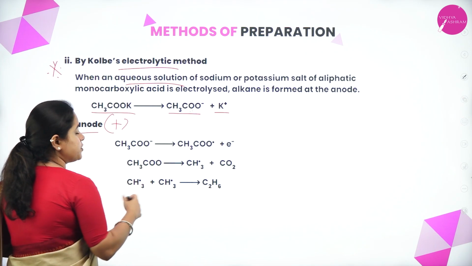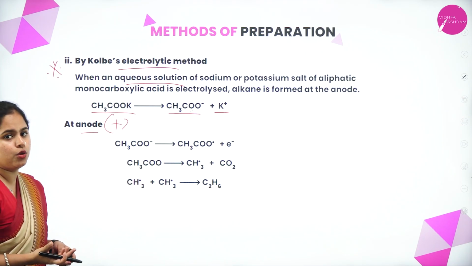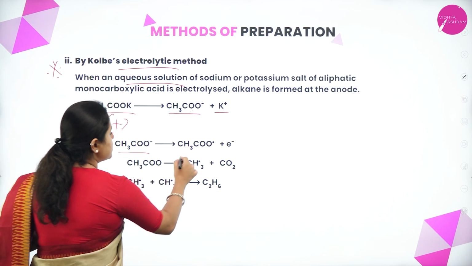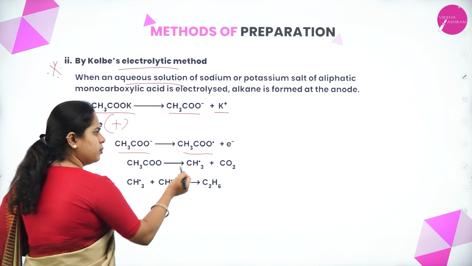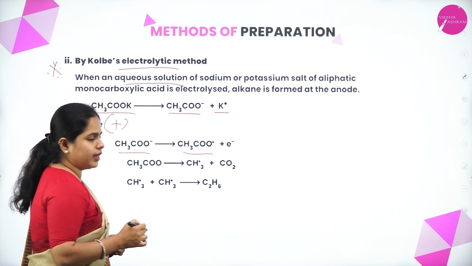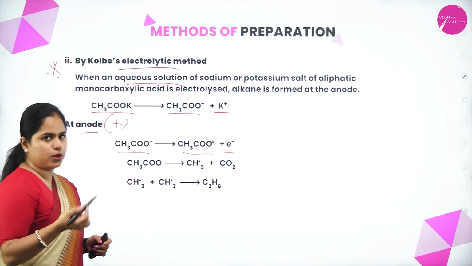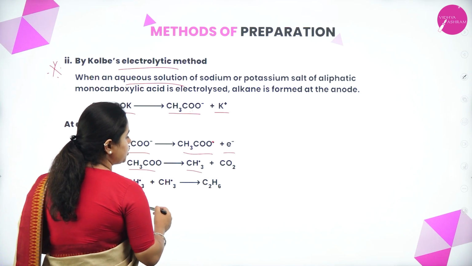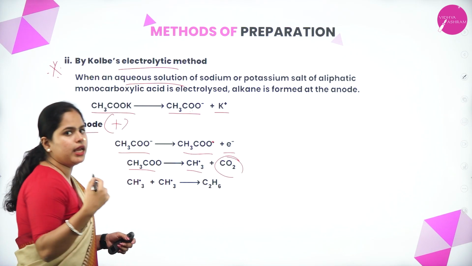So now what is the reaction which is happening at the anode? This is important, right? So CH3COO minus becomes CH3COO radical. You are familiar with what a radical is, right? So you can see here, it becomes CH3COO radical and one electron will be removed, right? Now this radical will further form CH3 radical and CO2 will be liberated.